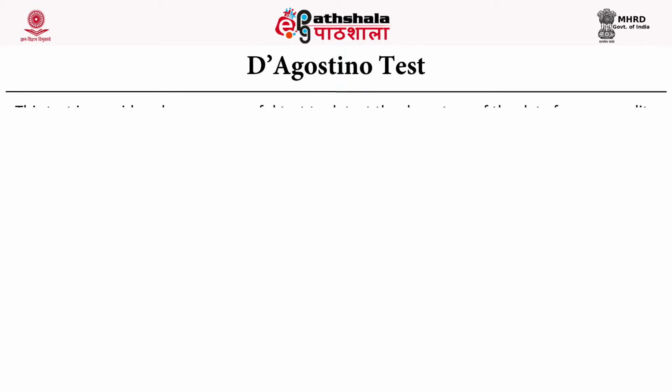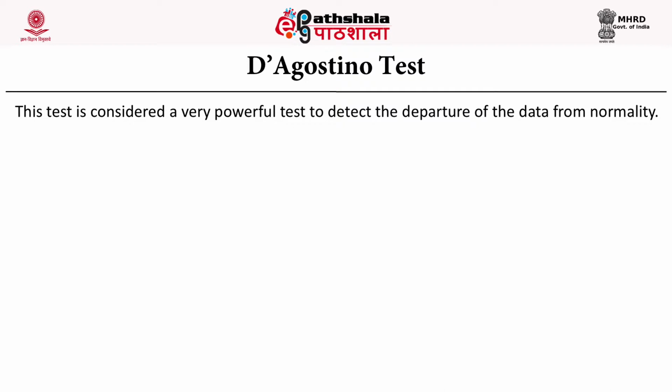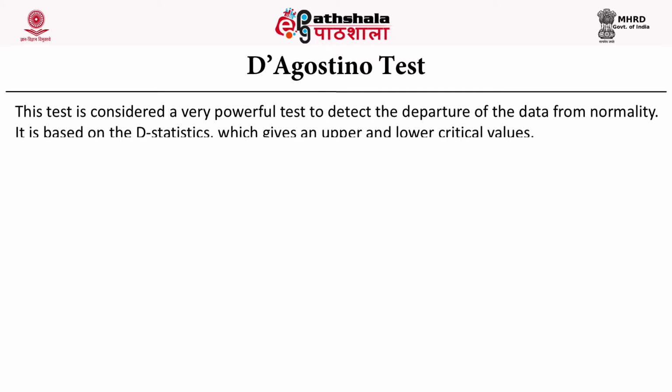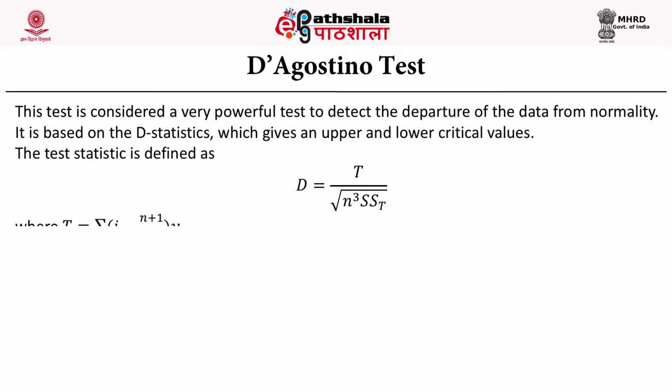Another test statistic is the D'Agostino test. This test is considered a very powerful test to detect the departure of the data from normality. It is based on the D statistic, which gives an upper and lower critical value.